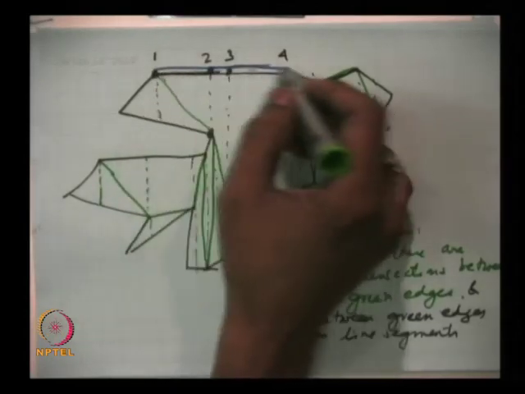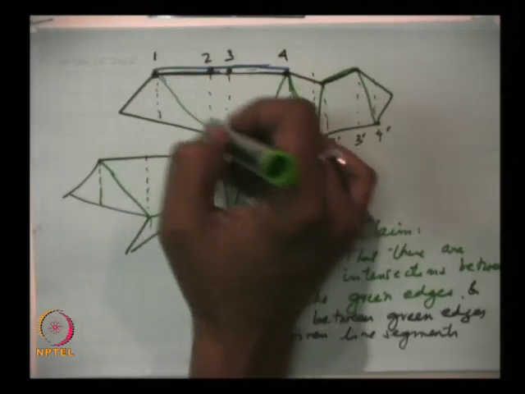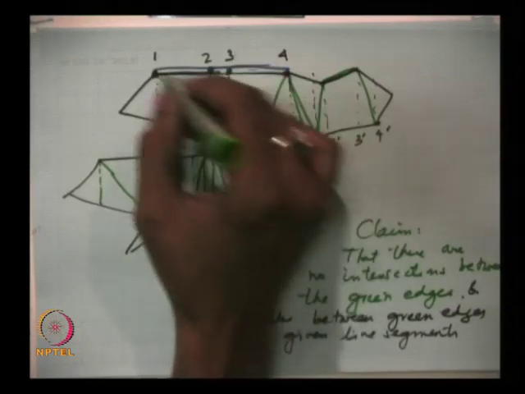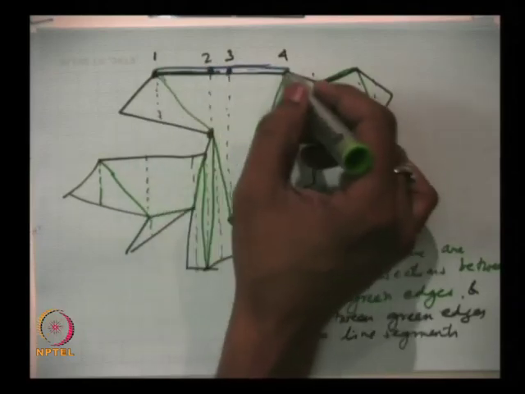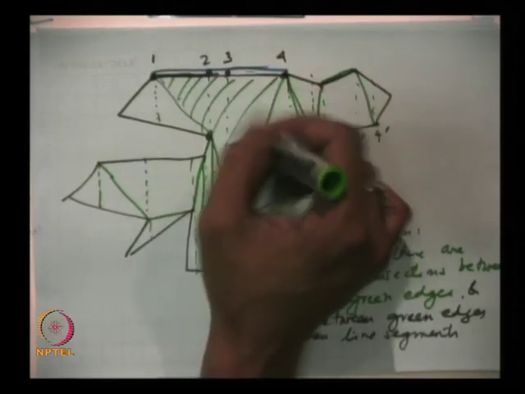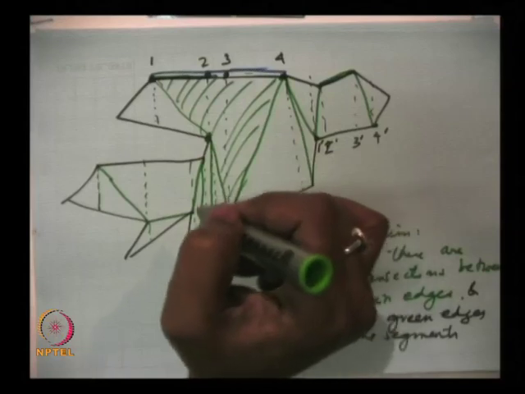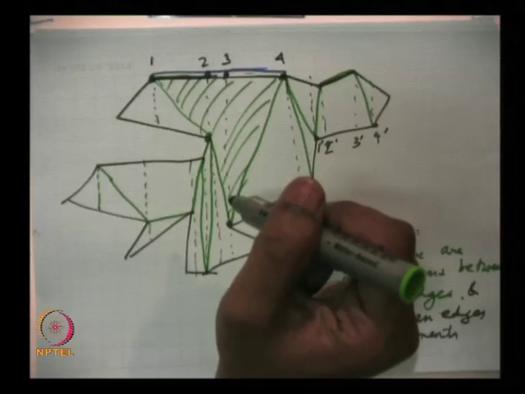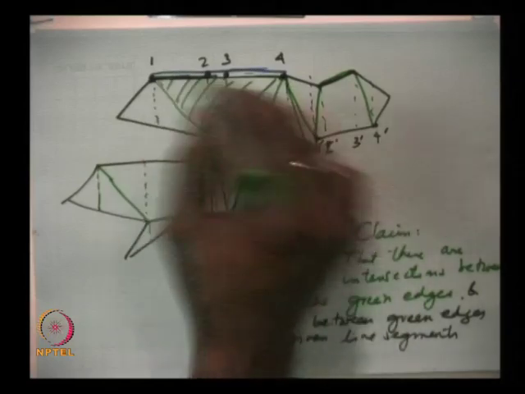And so if you look at this, the way I have drawn these diagonals in order of the vertical lines, what is this region? What kind of a polygon is this region? No, something more than that. Exactly. Yeah. So, this is a one-sided monotone polygon.